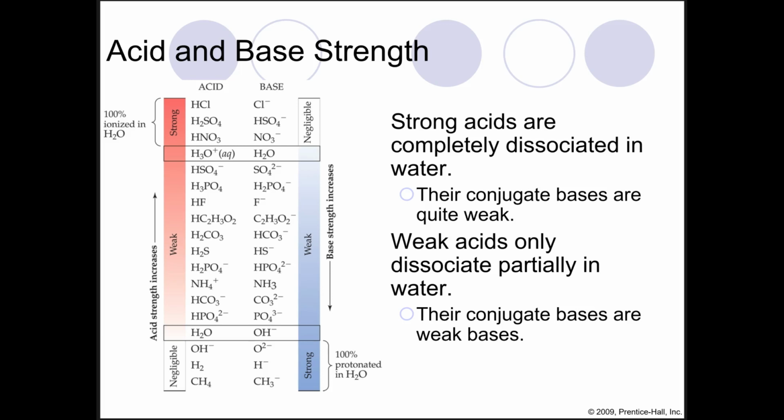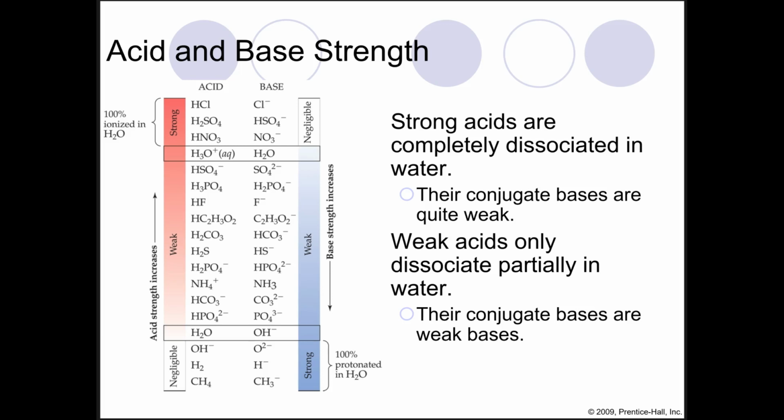Now, if you look at the Cl minus, the chloride, its conjugate base, you can see that on the base side, the strongest ones are on the opposite end, on the bottom. And so the Cl minus is the weakest base on this table. They actually even say that it's negligible, which means we're going to learn at the end of this chapter that we're not even going to consider chloride a base because it doesn't accept protons. So it's not really a base.